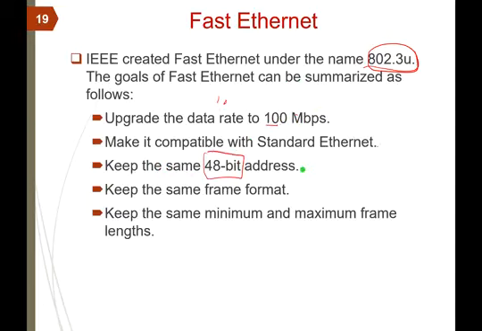We said the physical address, which is also called the MAC address, we'll use the same physical address. Keep the same frame format. So the Ethernet frame format for standard Ethernet and fast Ethernet is the same. Keep the same minimum and maximum frame lengths. So we still need to adhere to the same minimum and maximum lengths of the frame.